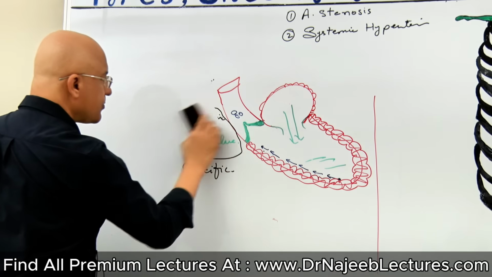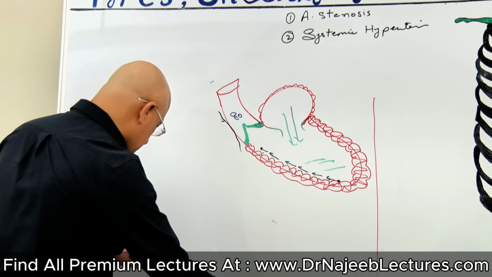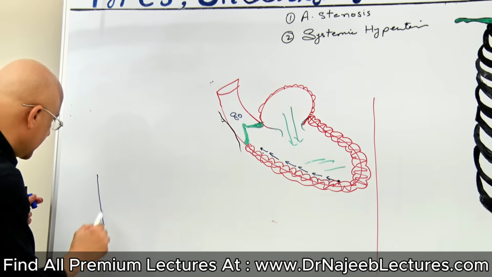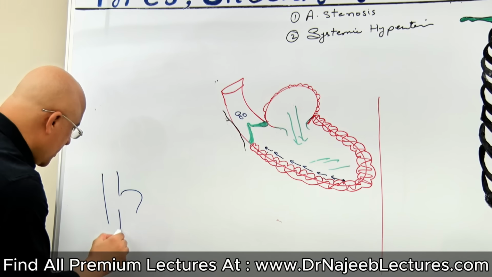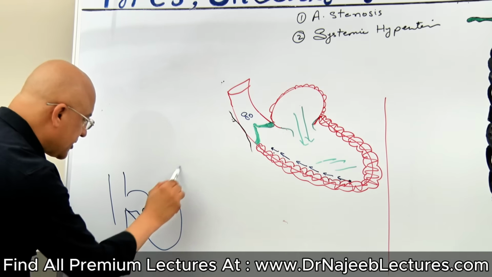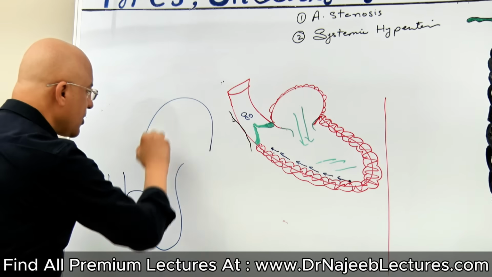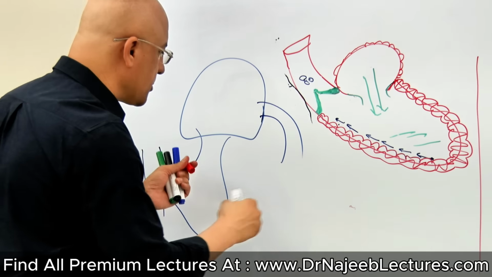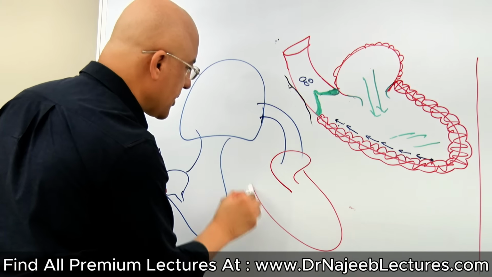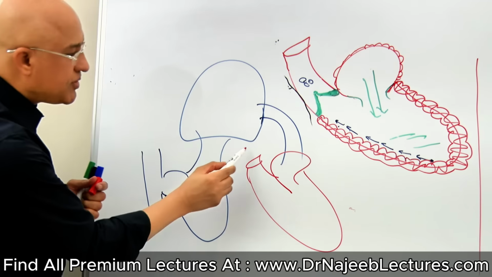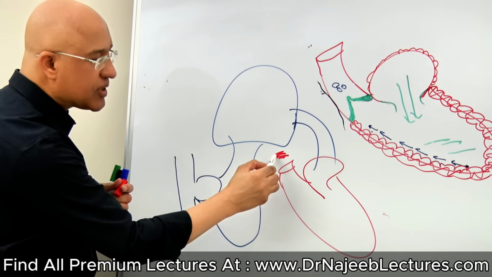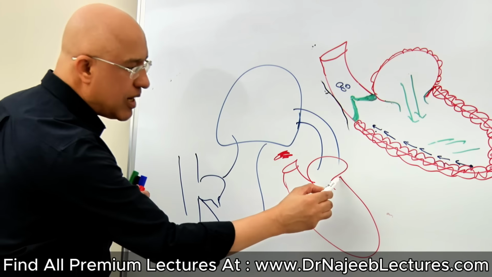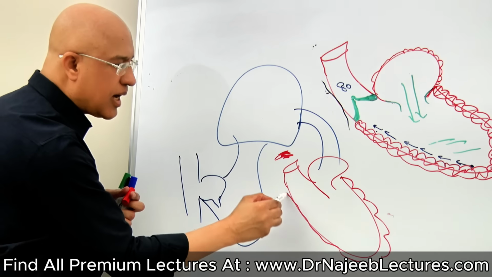Let me explain that. Let's suppose here is your beautiful heart, I hope so, and this is the right side going to the lungs, and from the lungs blood is going to the left side. Even though they are together, I'm putting the left ventricle a little bit separate. Now if there is systemic hypertension, pressure is here and the left ventricle undergoes hypertrophy.